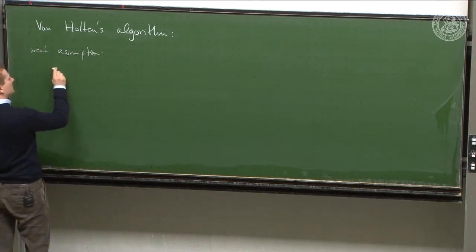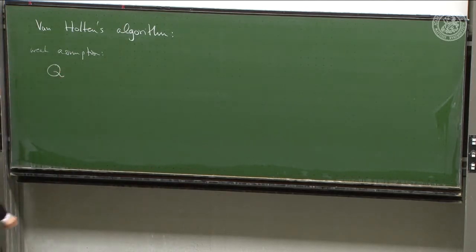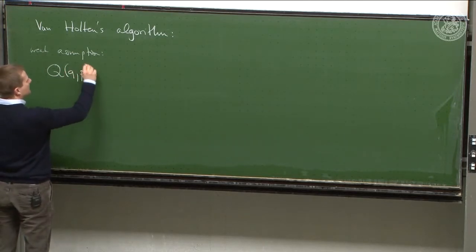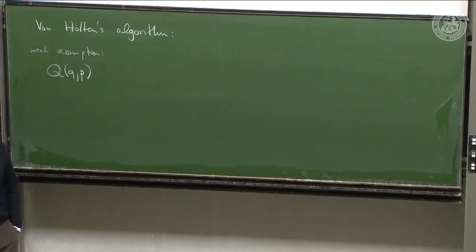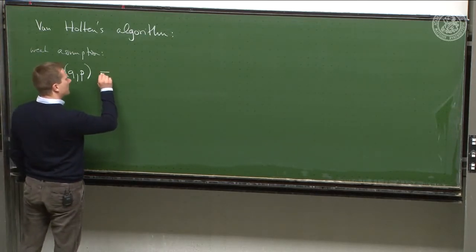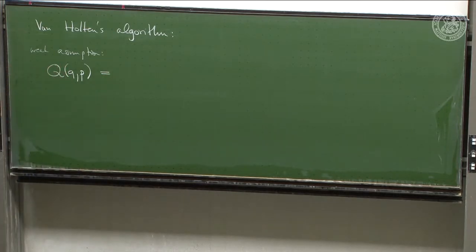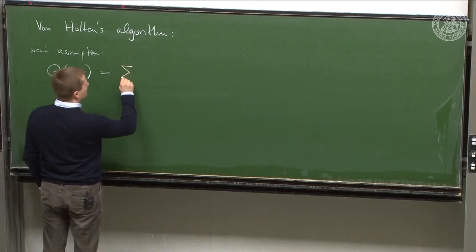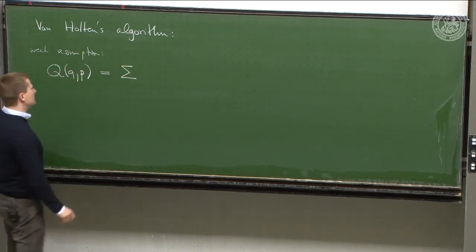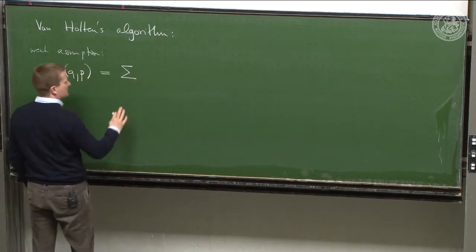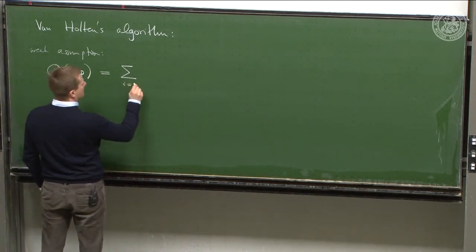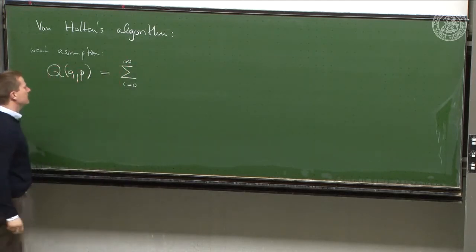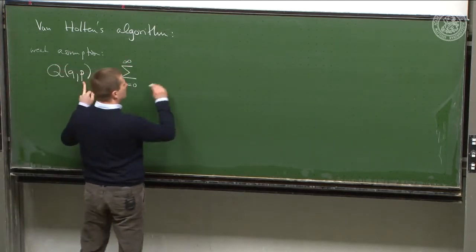And that assumption is that we have a conserved quantity, Q, as said before. That Q depends on the q's and the p's, and this is a smooth function on the symplectic manifold. But now we'll actually restrict a little bit. It's not any smooth function, but it's a smooth function if you can expand it into a series, and it could be a finite series, but that's of course included, I equals 0 to infinity, if you can expand it in terms of the momenta.